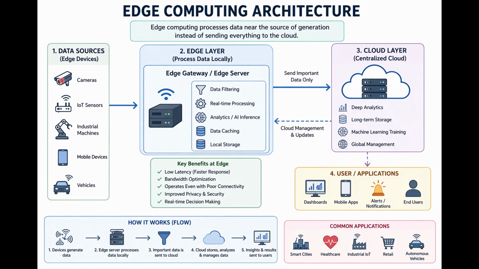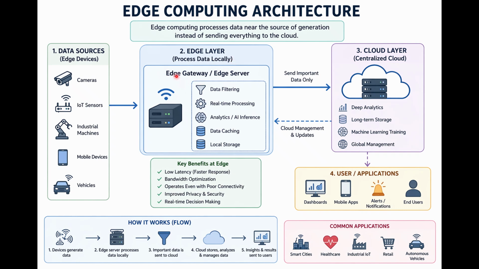Now, in edge computing, first one is data sources: edge devices, maybe camera, maybe IoT sensor, maybe industrial machines, mobile devices, and vehicles. And edge layer that processes data locally.